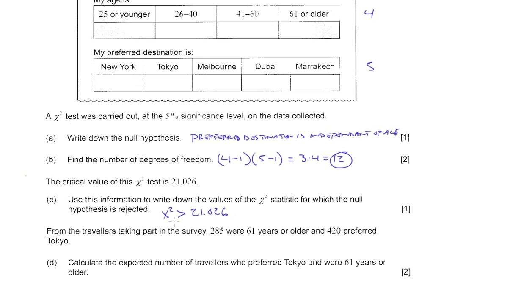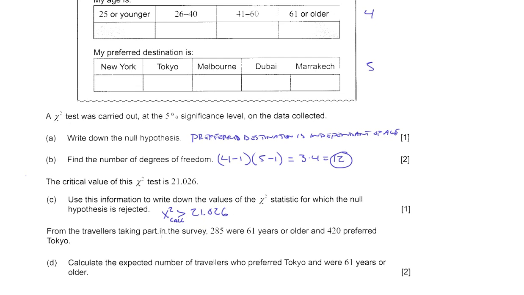So if the chi-squared calc is greater than 21.026, then we would reject the null hypothesis and therefore accept the alternate hypothesis.